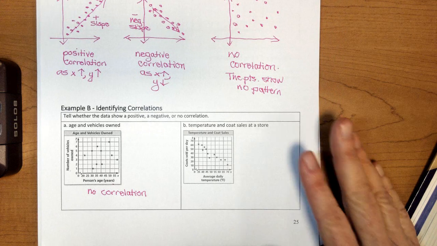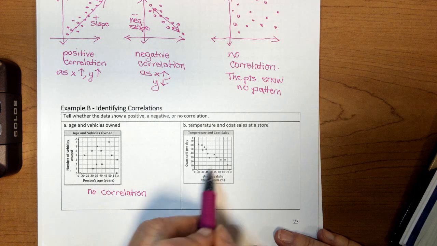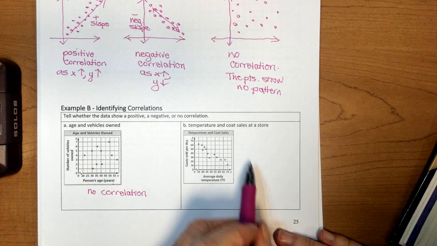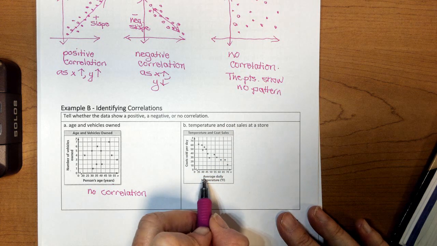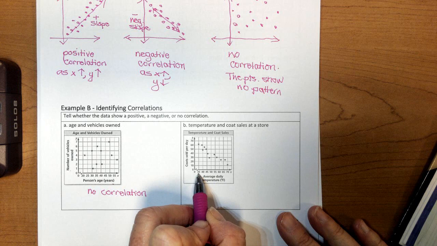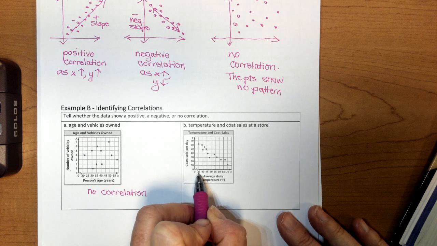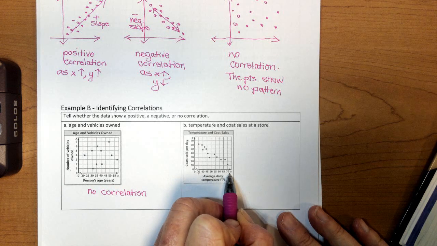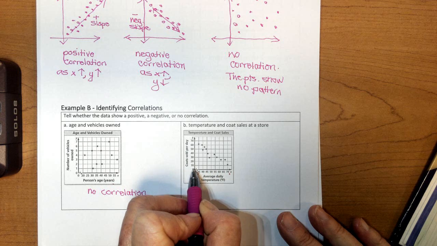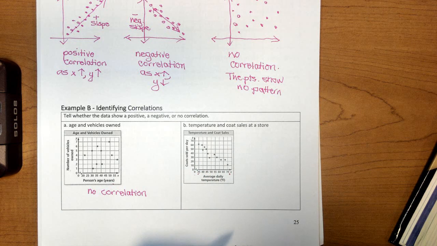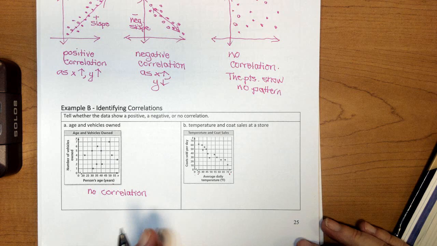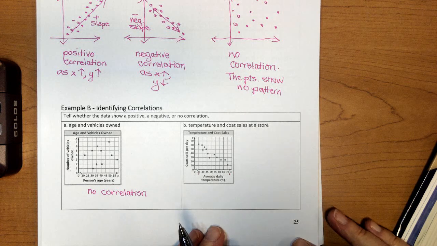So then we're going to look at this next example, temperature and coat sales at a store. Well, if I'm just looking at the average daily temperature, you can see as it's colder here and the temperature is going up. And then I'm looking at the coats sold per day. Well, if you think about when do you wear a coat? When it's cold outside. When do you think stores sell lots of coats? When it's cold outside.